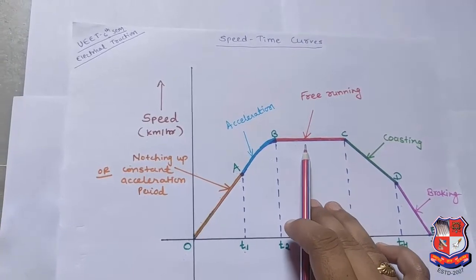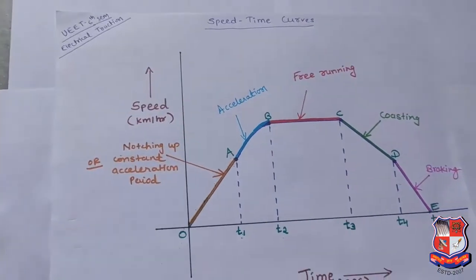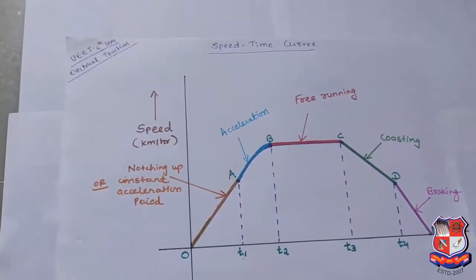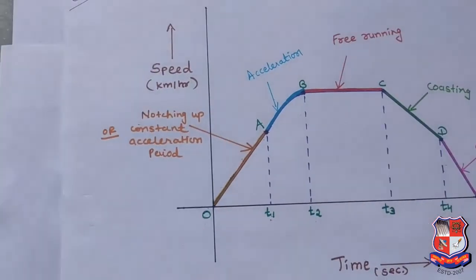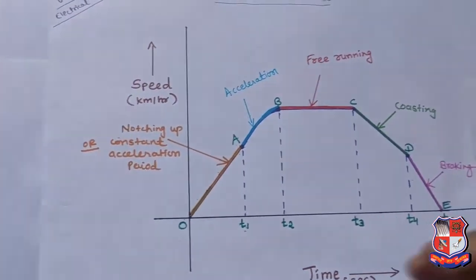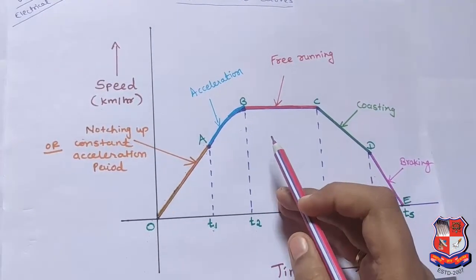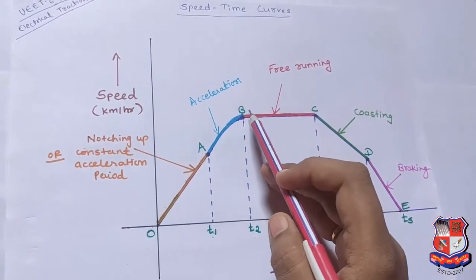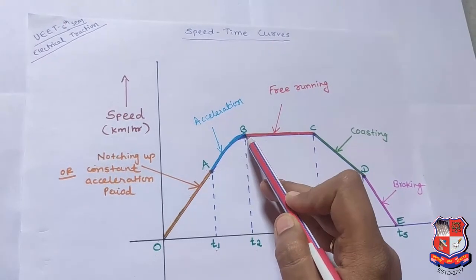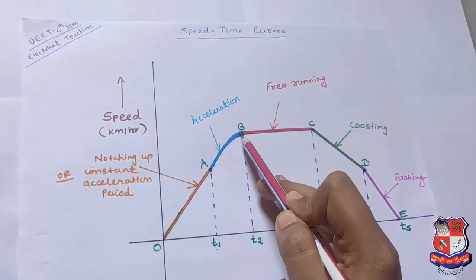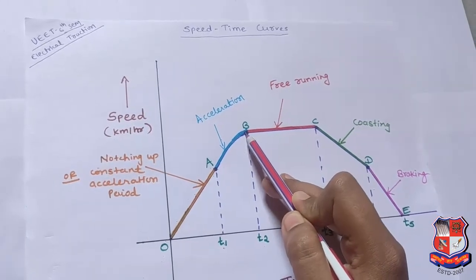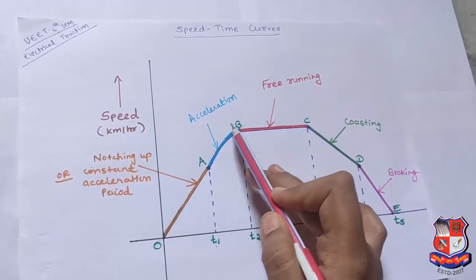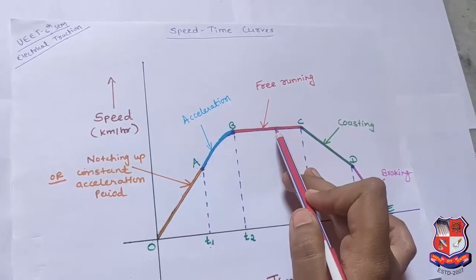Next, our third is the free running period. Now we can see that at the end of the second period, that is at T2, the train attains the maximum speed. Here in the graph also we can see that B is the maximum speed of the run. During this period, the train continues to run at constant speed.